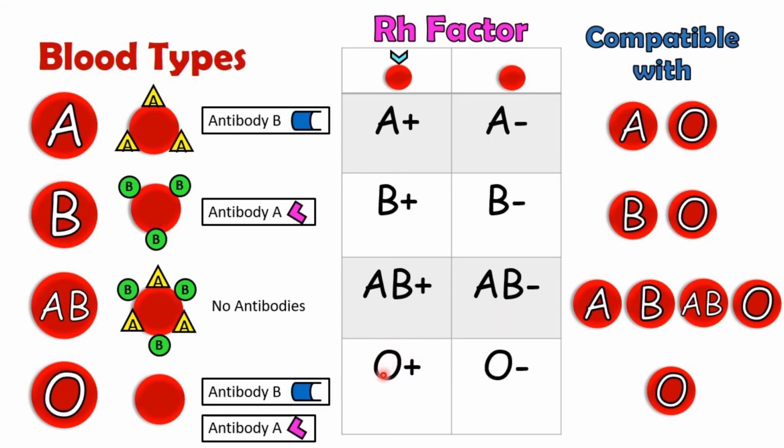With the O blood type person, if they have the RH factor, the O blood becomes O positive, and the same goes with O negative. It will become O negative when there is no RH factor.